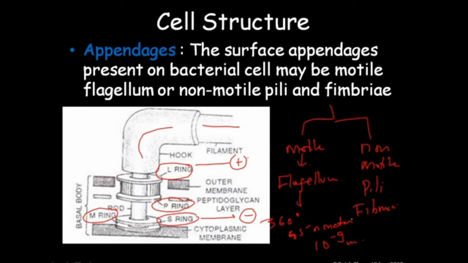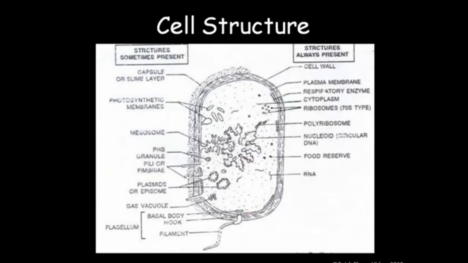So this is a brief about the cell structure. Just to go through a revision: the structures on the left side are sometimes present in some cells, and the structures on the right are always present in all prokaryotic cells. So we have a slimy layer, which, as we described earlier, is an outer layer that is sometimes present in the bacteria.